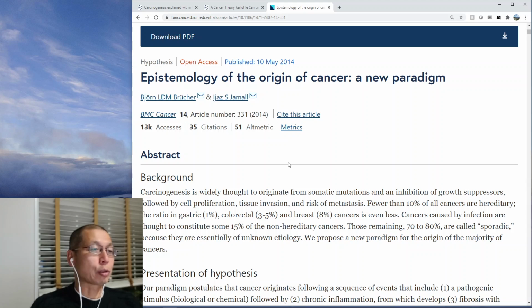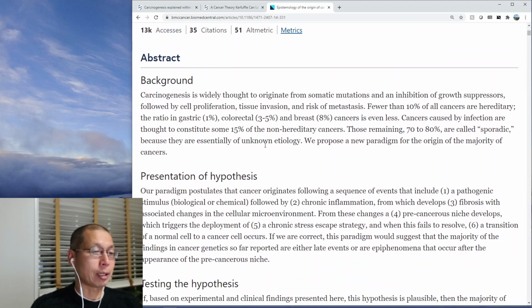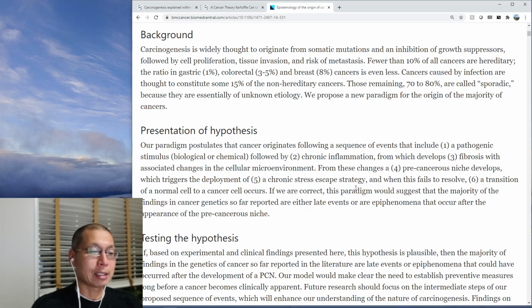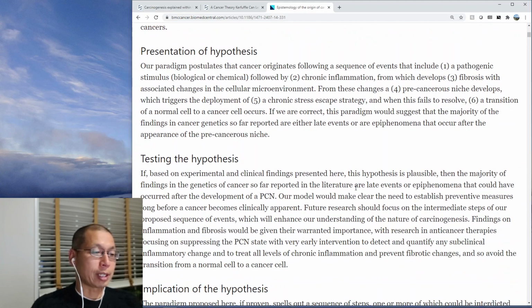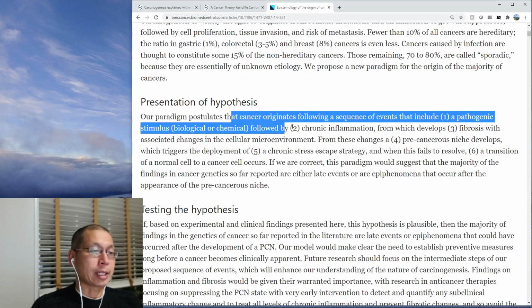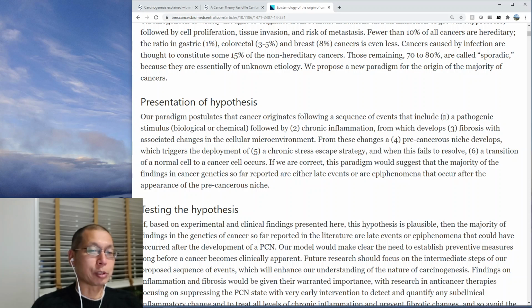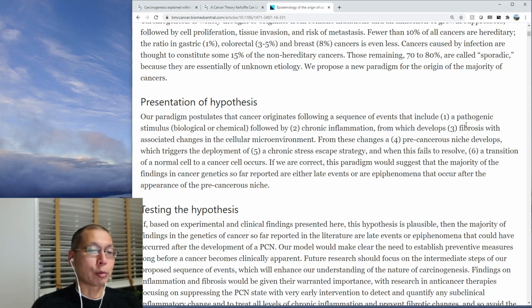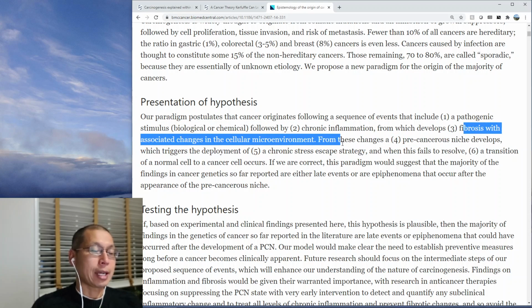And then this is another group, and they have a similar, they don't call it the TOFT, but they have a similar problem with the somatic mutation theory, saying that the somatic mutation theory does not give a good answer or good treatment regimens for most cancers. And they say that cancer originates from the following sequence of events, which means they have some kind of stimulus that causes chronic inflammation, from which develops fibrosis and changes in the microenvironment, and that causes the cancer.